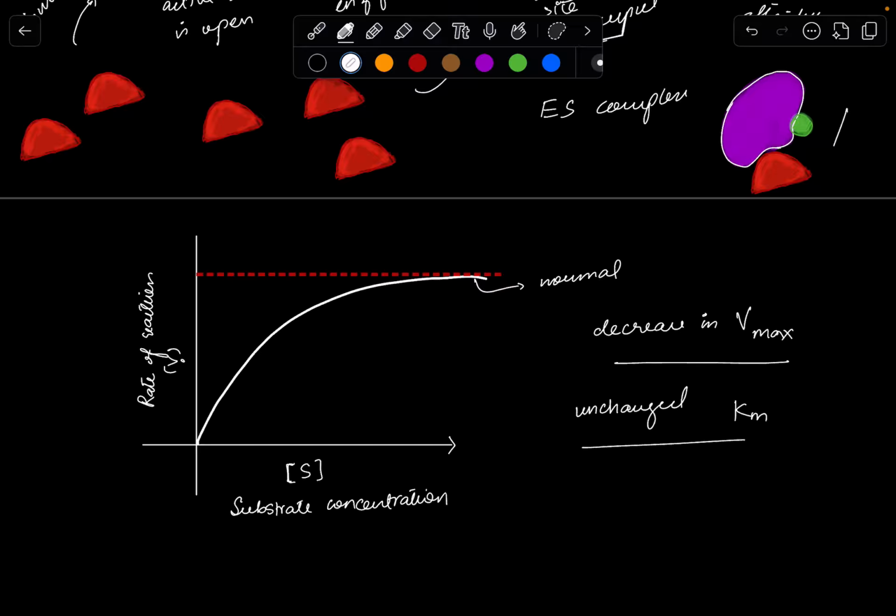Why 25? Because that's half of the total. Half of Vmax, 25. So half of Vmax is Km. So what I will see in this graph, let me just write down the Km, let's say Km is here. And let's say this is my non-inhibited curve.